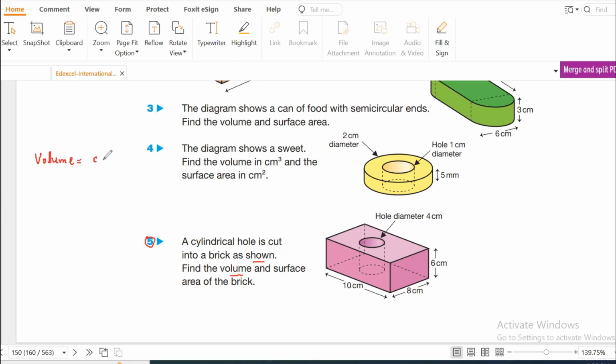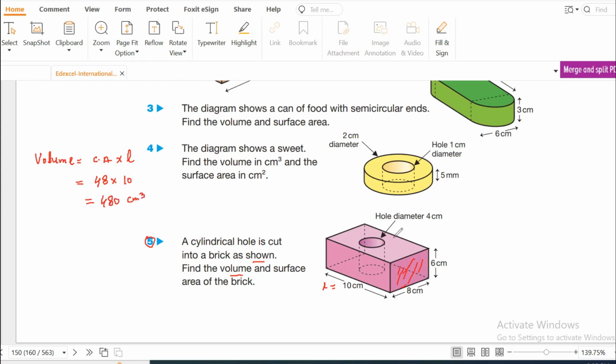Volume is equal to cross-sectional area multiplied by length. If I consider the front part as cross-sectional area, that means 8 into 6, which is 48, multiplied by the length 10. That gives me 480 centimeter cube.